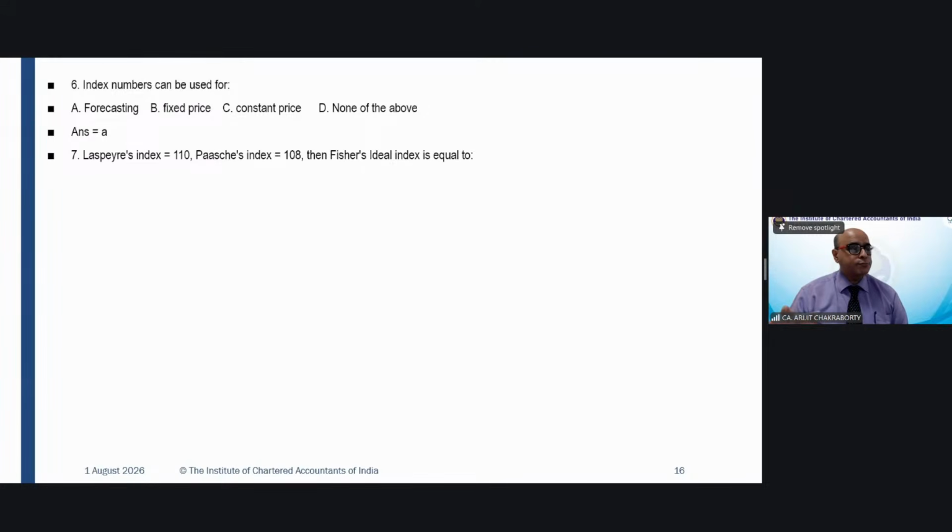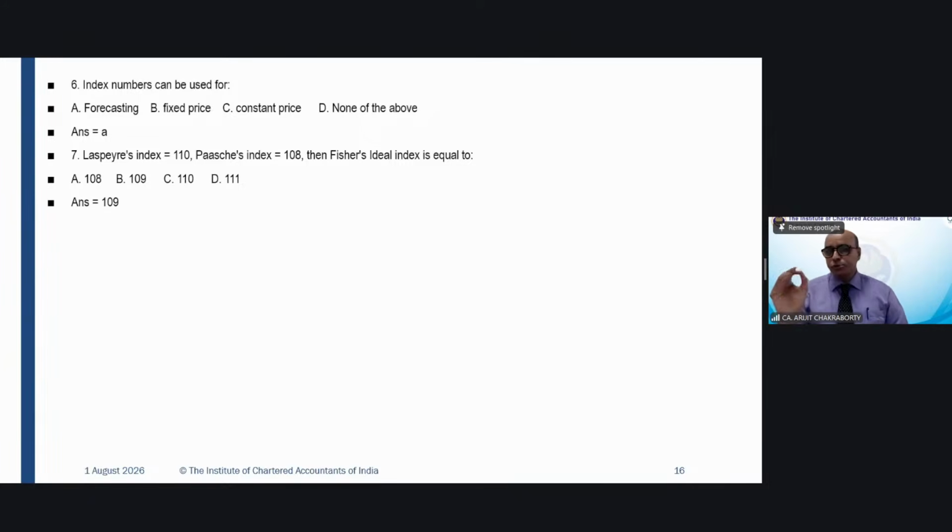Number 7, Laspeyres index is 110, Paasche's index 108, Fisher's index what? So typical problems which can be expected. You know that Fisher's index is the geometric mean of Laspeyres index and the Paasche's index. So we will multiply 110 into 108 and find the square root.